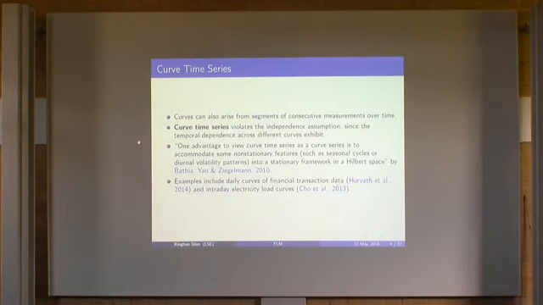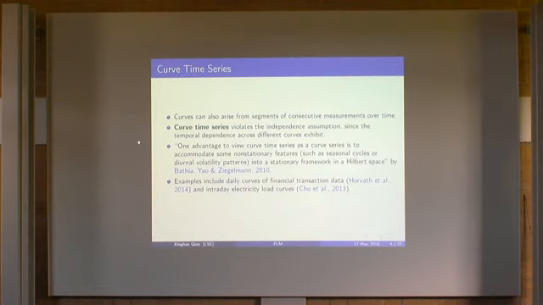Here I'm going to quote one of Bathia and Yao's Annals papers: one advantage of viewing the curve time series as a curve series is to accommodate some non-stationary features in a non-stationary framework within the Hilbert space.